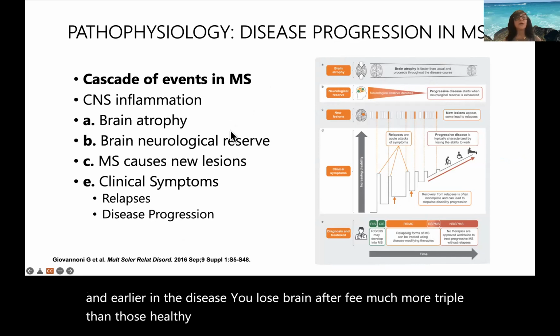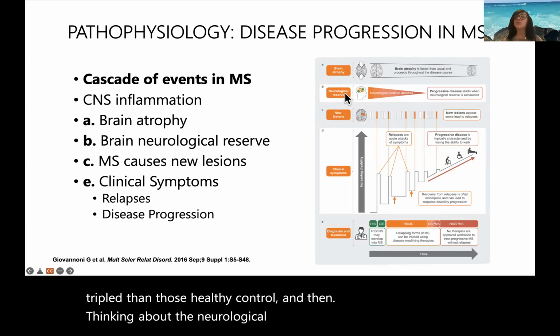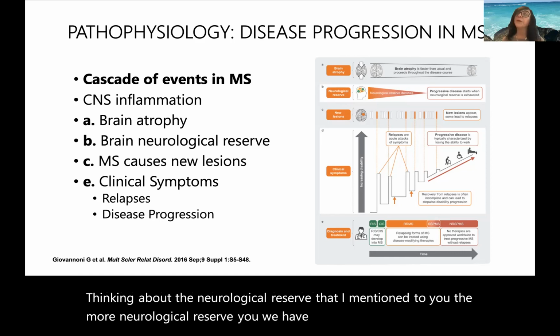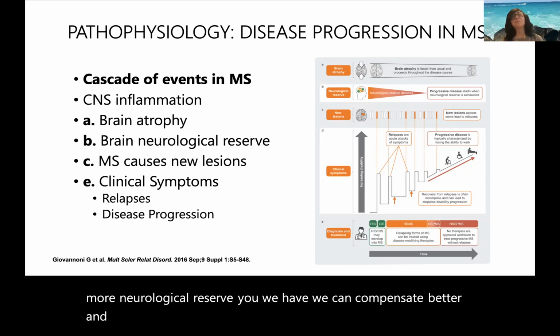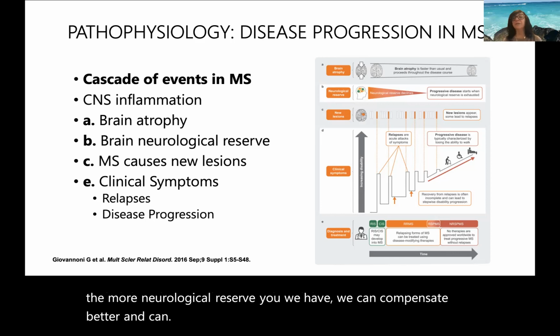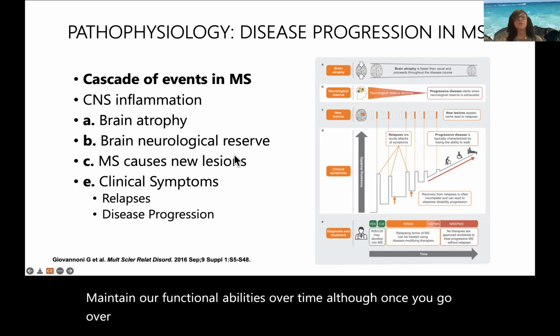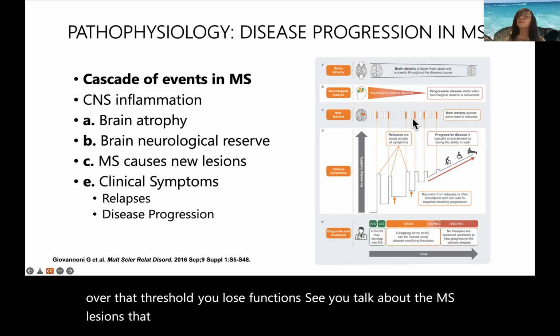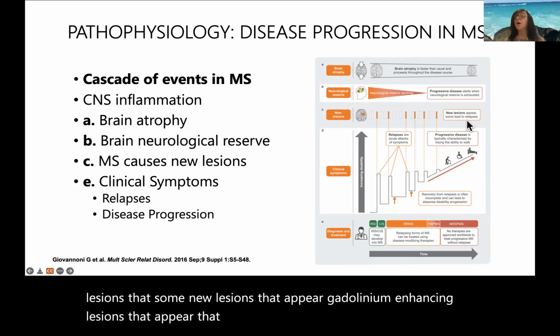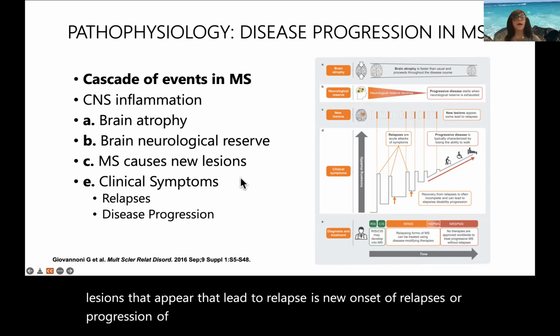And then thinking about the neurological reserve that I mentioned to you, the more neurological reserve we have, the better we can compensate and maintain our functional abilities over time. Although once you go over that threshold, you lose function. Then you talk about the MS lesions, new lesions that appear, gadolinium enhancing lesions that lead to relapses, new onset of relapses, or progression of disease, depending on the phenotypes of MS.